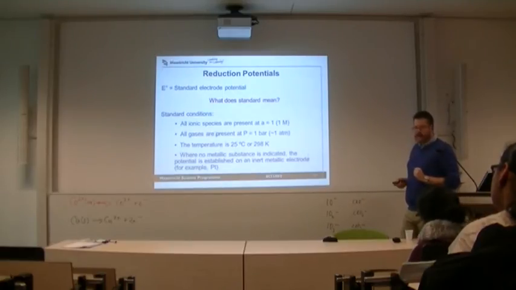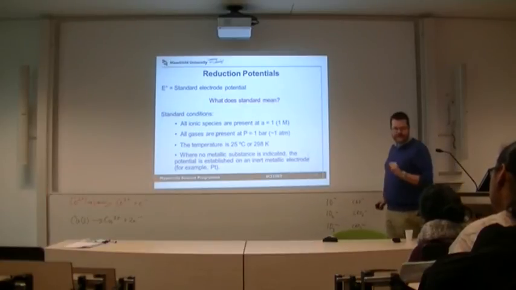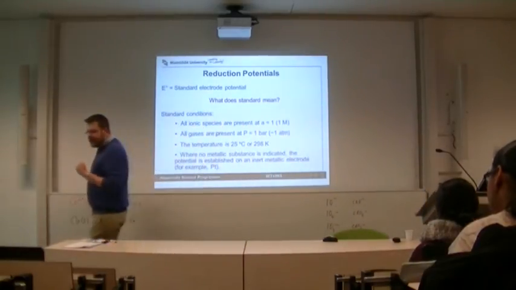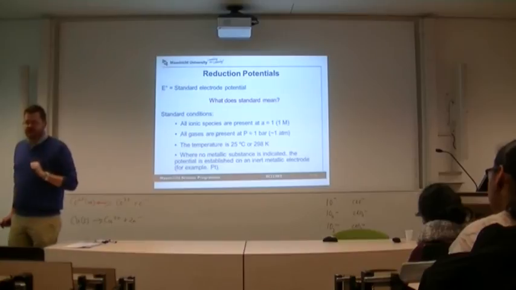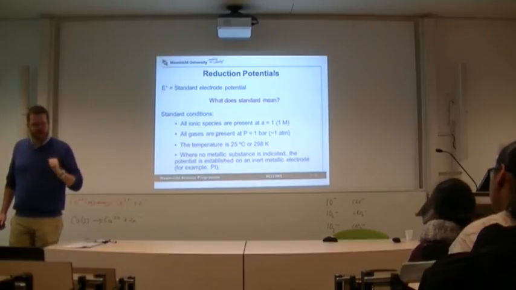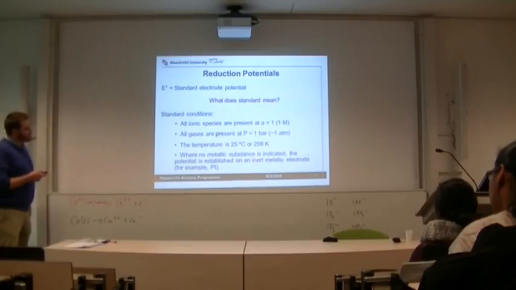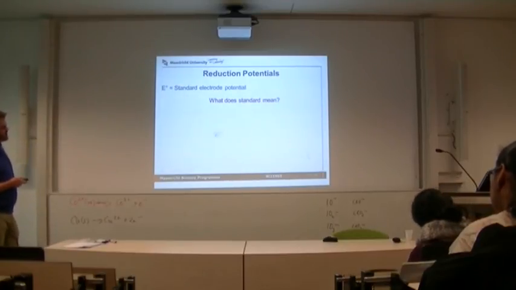We're doing it at 1 bar or 1 atmosphere pressure. Well, 1 bar is not exactly 1 atmosphere, but approximately, and we're doing it at 298 Kelvin. If we do the measurements at a different concentration, pressure, or temperature, it's going to affect the potential. So that's why it's important to specify these conditions.